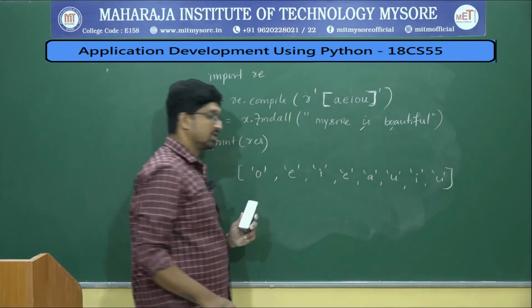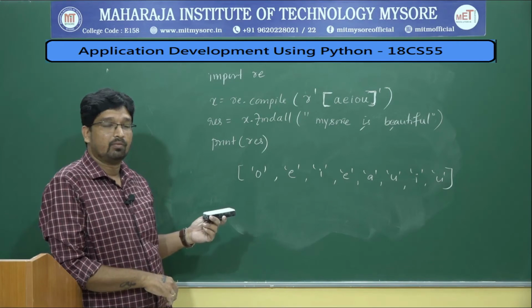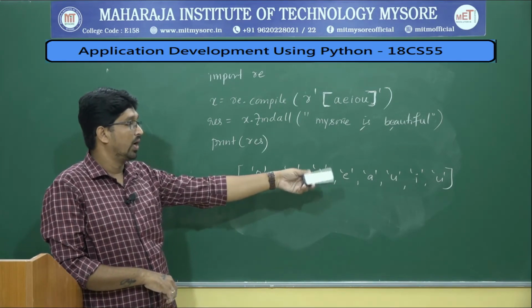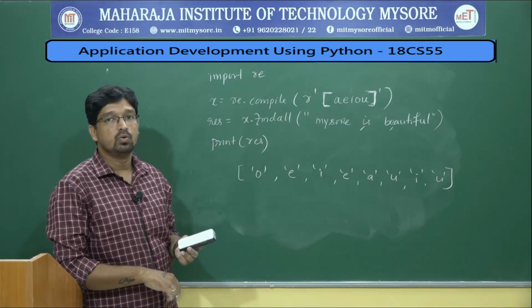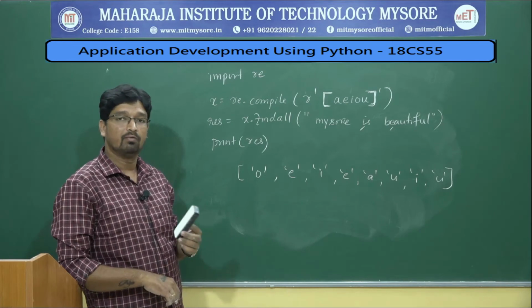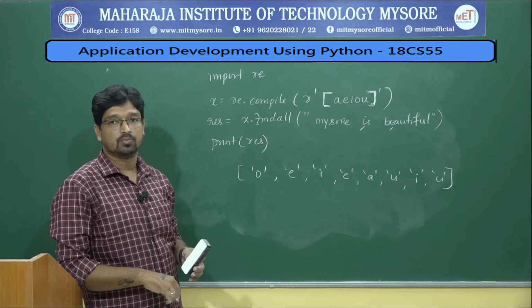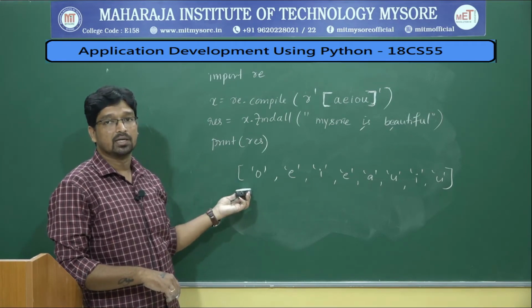So we have matched O, E, I, E, A, U, I, U. These are the characters extracted from Mysore is beautiful, which was the input, and A, E, I, O, U was the regular expression. So this is how we match our own character set.